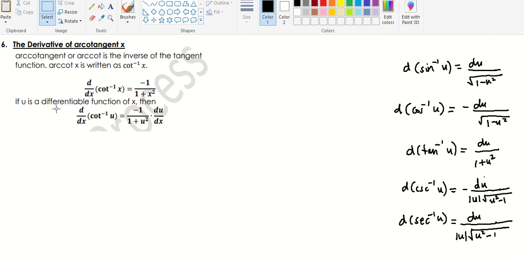If u is a differentiable function of x, then the derivative of arc cotangent u is equal to negative 1 over 1 plus u squared times the derivative of u. Okay?